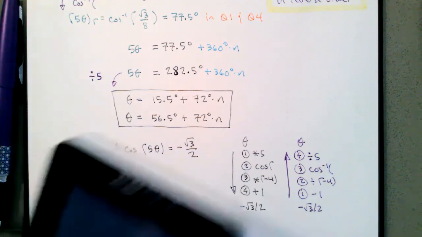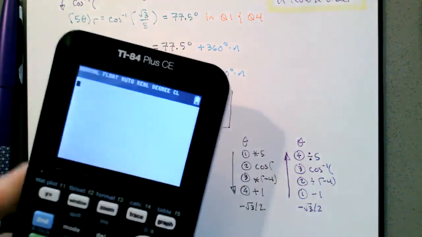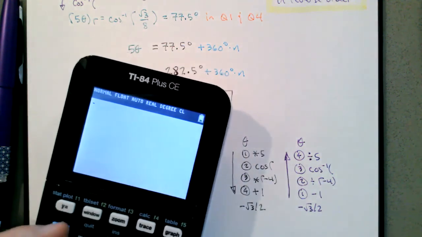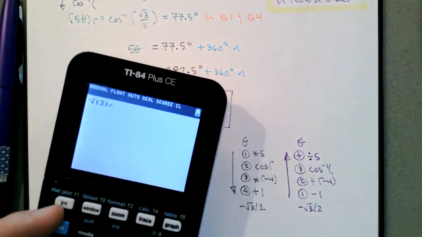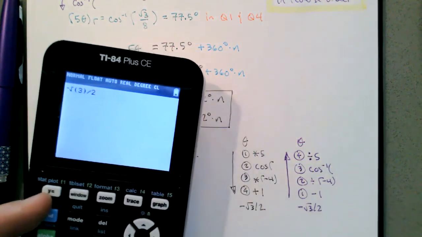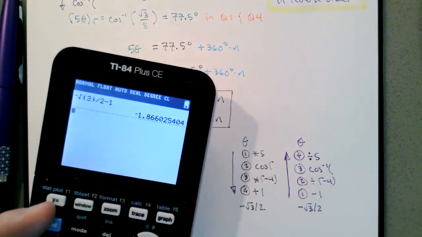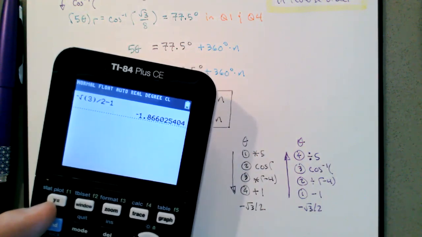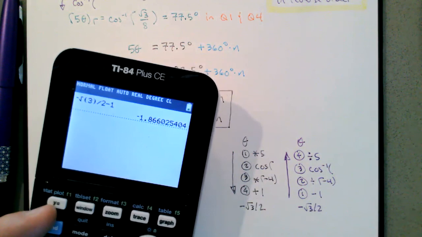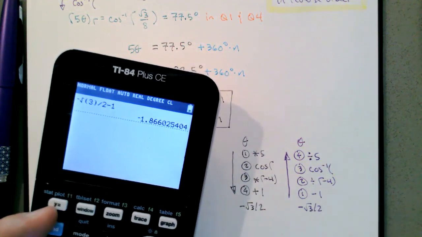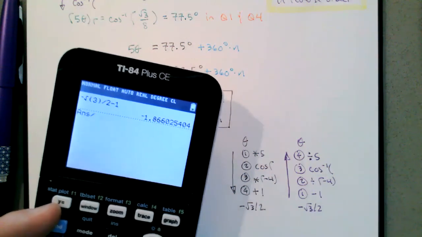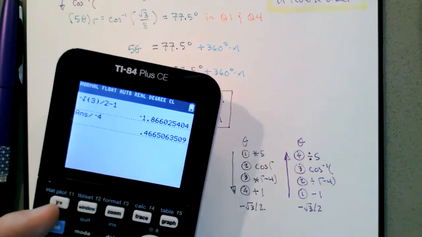So you just start with negative root 3 over 2, and subtract 1. This is an irrational number, so we're going to have to hang on to it. Then the next thing is to divide by negative 4, also an irrational number.